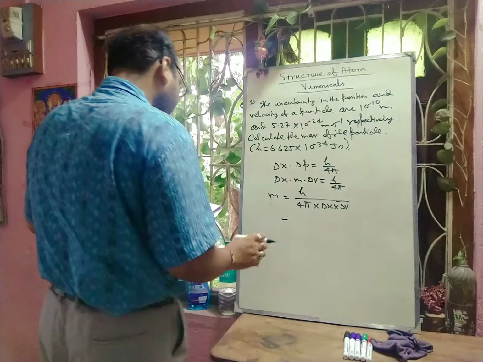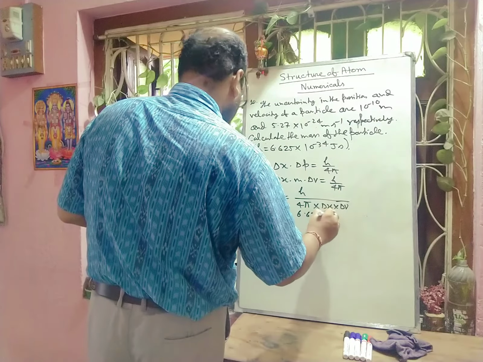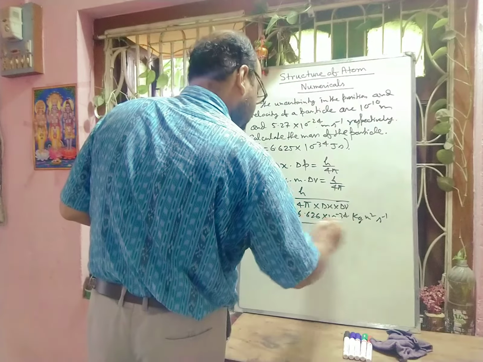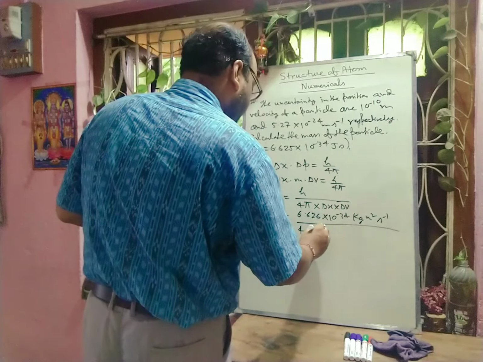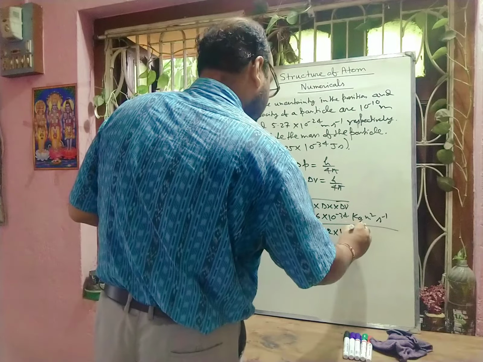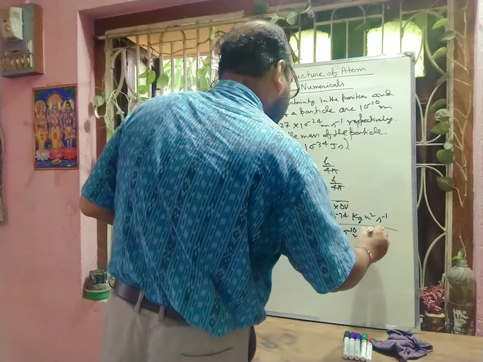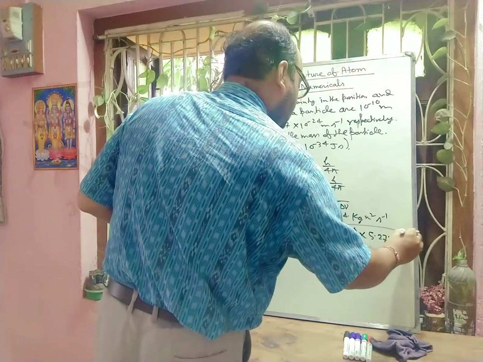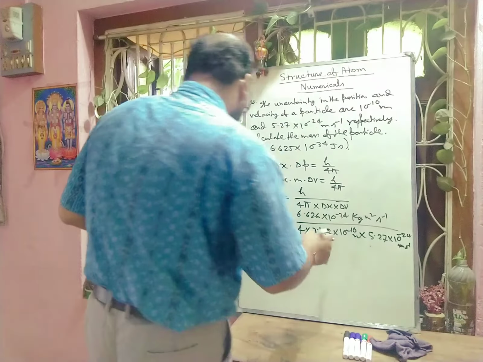Now if we put the value, 6.626 into 10 to the power minus 34 kg meter square second inverse, divided by 4 into the value of pi, 3.142, into 10 to the power minus 10 meter, that is the value of delta x, and delta v value is 5.27 into 10 to the power minus 24 meter per second inverse.